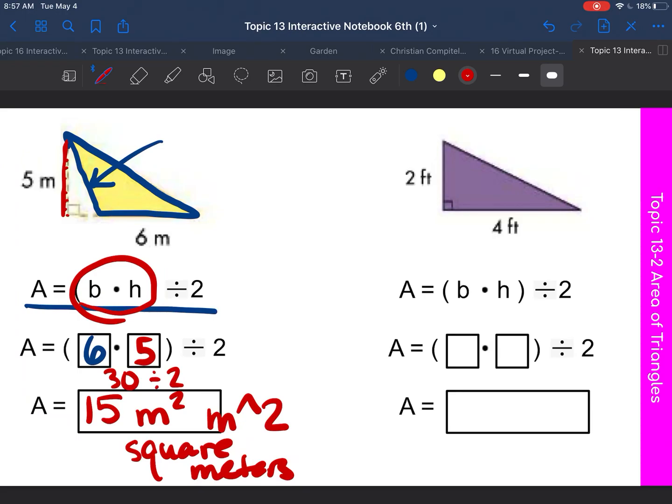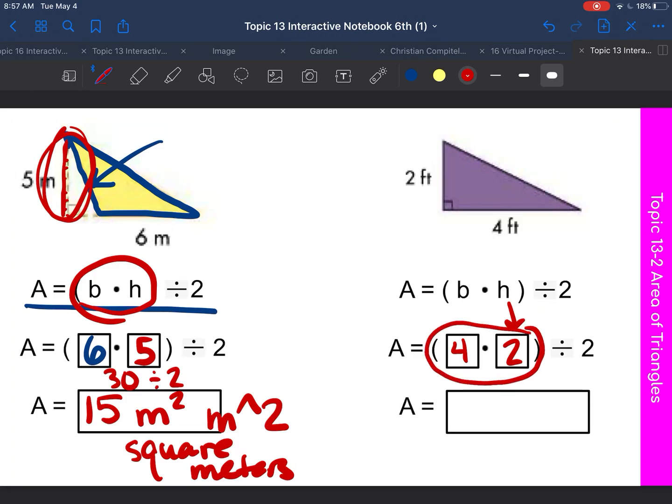The next one, this is a right angle, so they don't have to draw us any imaginary lines over here. We know the height just by looking at it, straight up and down. What is the height of this next triangle? The height is 2. And then what is the base of this triangle? The base is 4. So again, guys, if we were finding the area of a parallelogram, we would just do base times height.